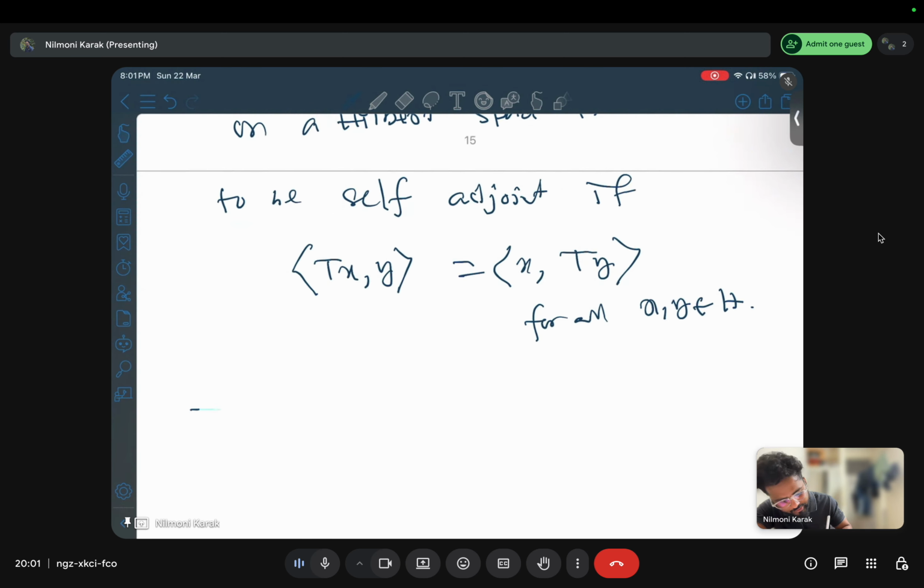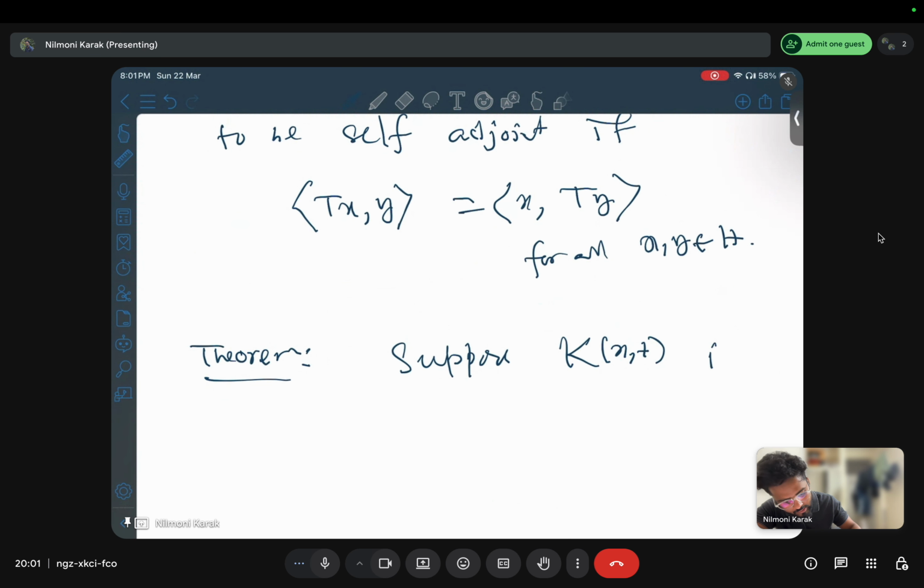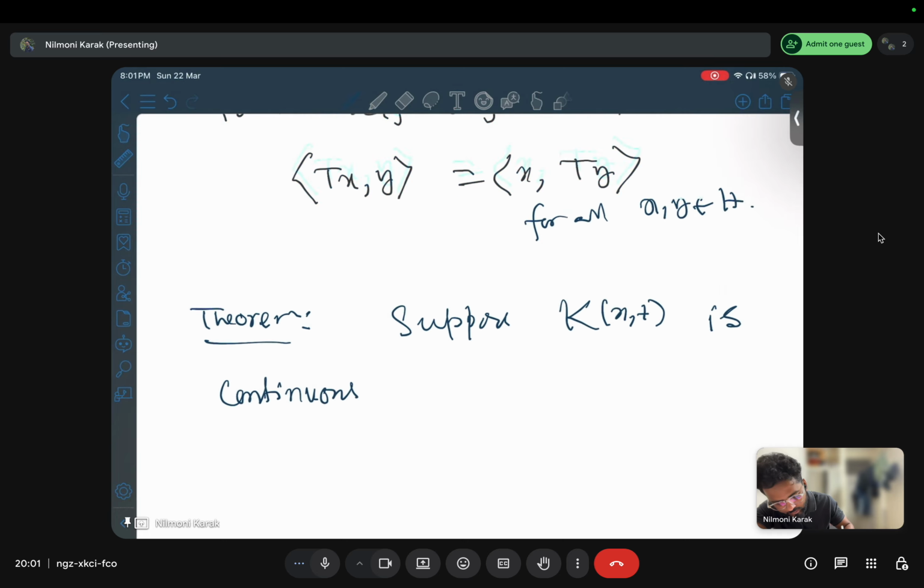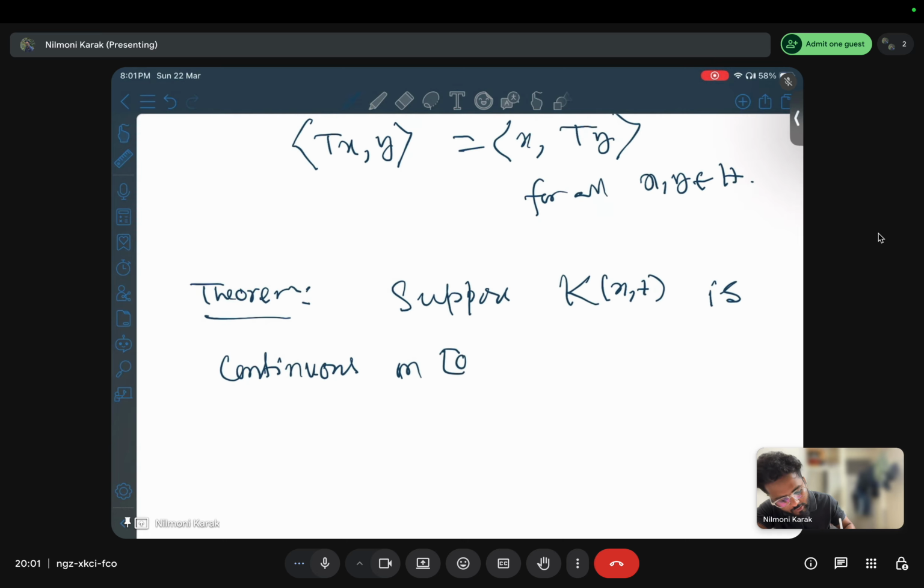Okay, next theorem is there. Suppose k(x,t) is continuous on [0,1] cross [0,1].